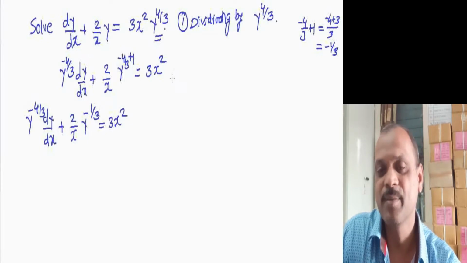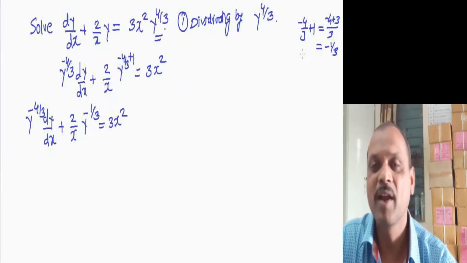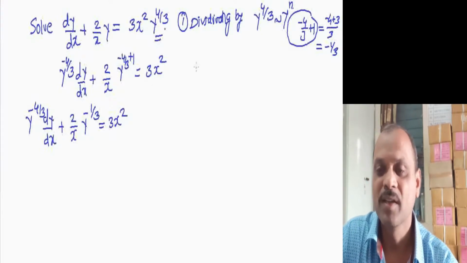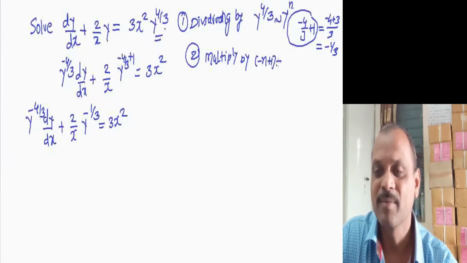What is the next step? Then we have to multiply by minus n plus 1. If we compare this with y raised to n, then what is n? n is equal to 4 by 3. So, in the second step we have to multiply by minus n plus 1. What is minus n plus 1?